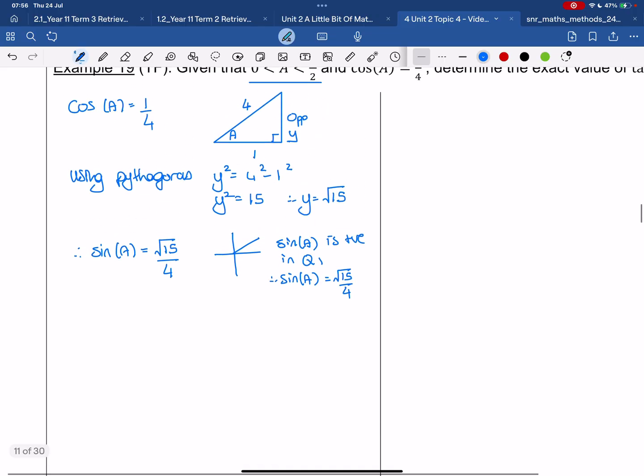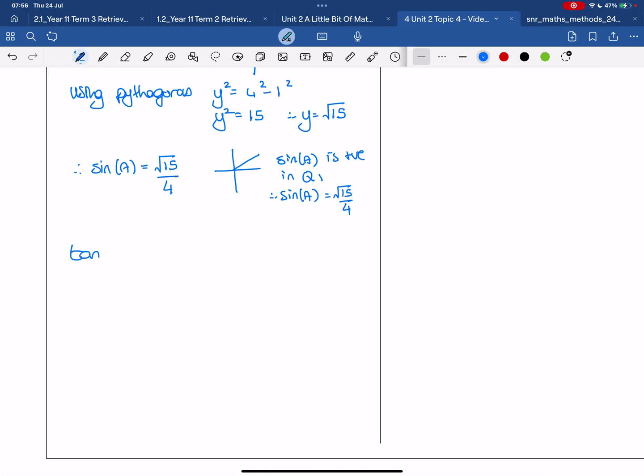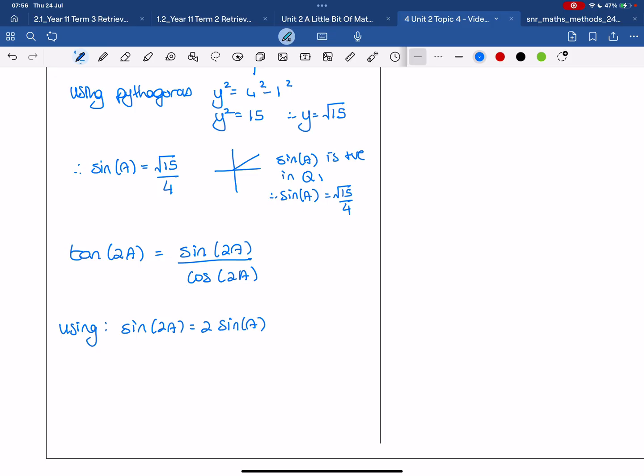Now we're looking for tan of 2a. So now I'm going to say, well, tan of 2a is equal to sine of 2a over cos of 2a. And I'm going to go to my formula sheet and say, well, my sine of 2a is fairly easy. Sine of 2a is equal to 2 sine a cos a.